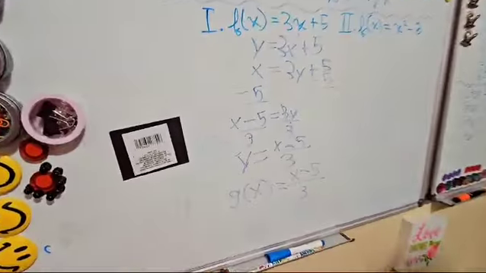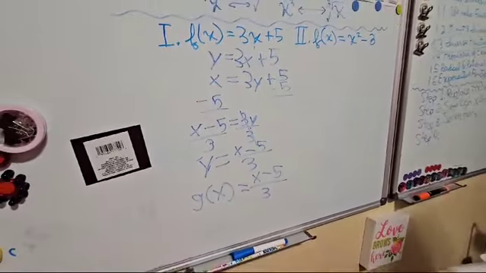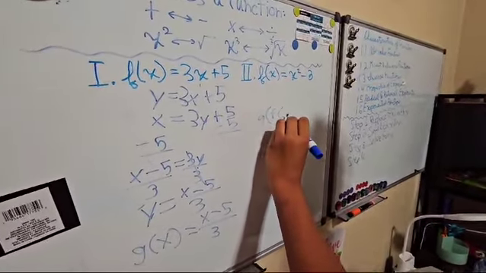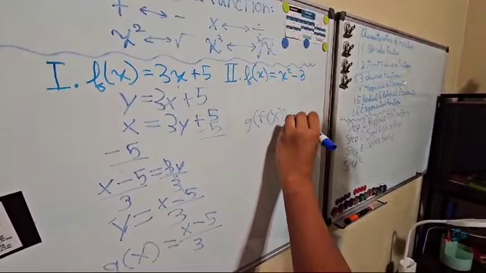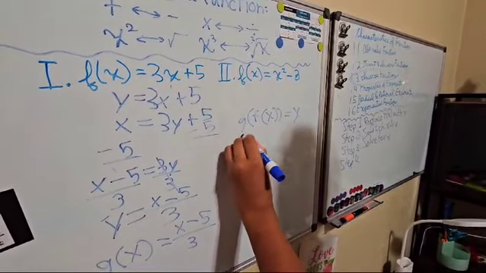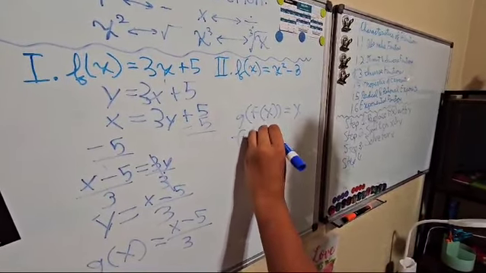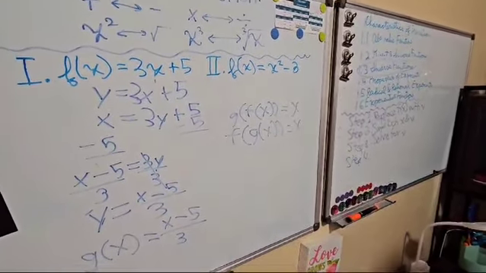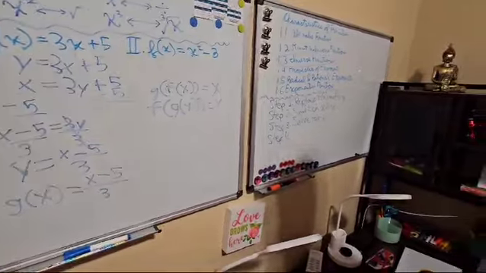Now how we check this problem is that both g of f of x is equal to x and f of g of x is also equal to x. Now this may seem complicated at first, but it's really simple.